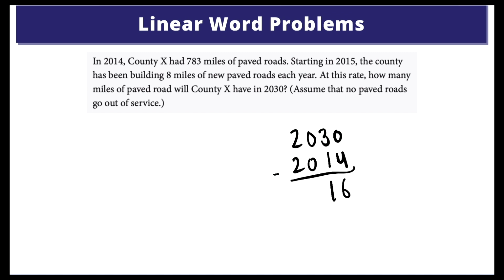So in the start of 2014, there's 783 miles already. So that's our constant. Back to the y equals mx plus b, guys. You don't want to forget that. All right. So what is our multiplier? What is our change? It's 8 miles per year.